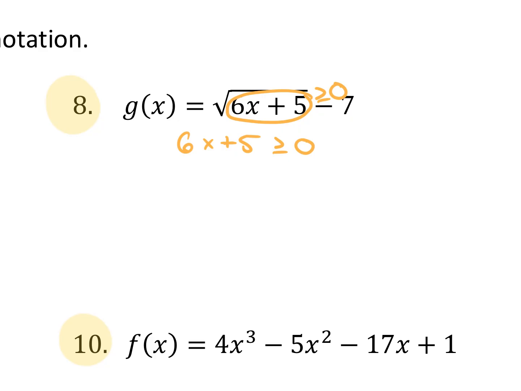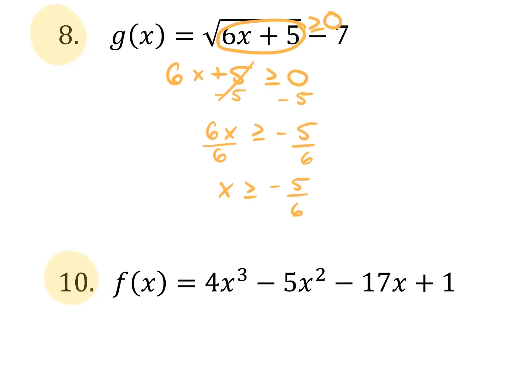How would we solve for x here? Subtract 5, so 6x is greater than or equal to negative 5. Then divide by 6. So x is greater than or equal to negative 5 over 6.